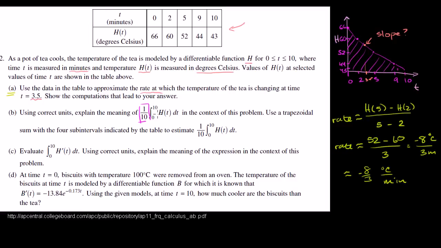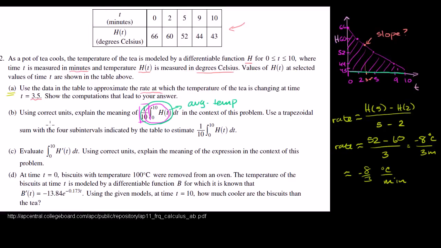Then we divide that by 10. So this expression is the average temperature over that time period: the integral of the temperature function divided by the total amount of time that has elapsed.